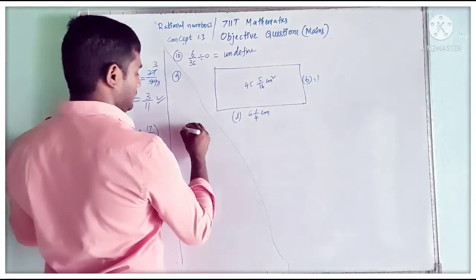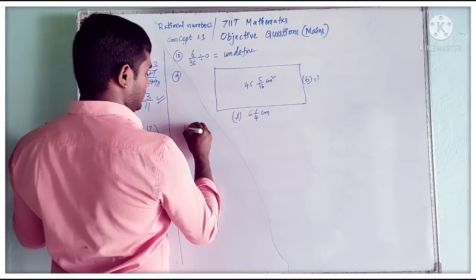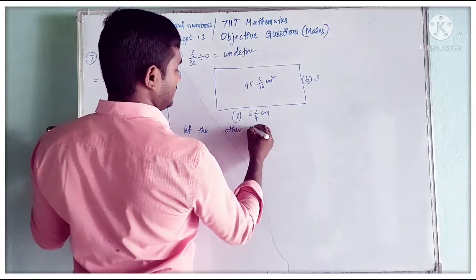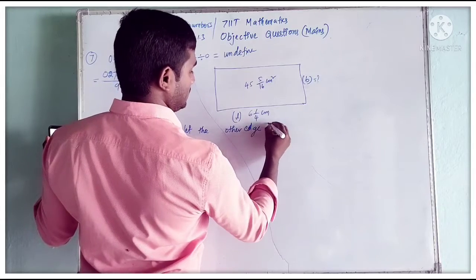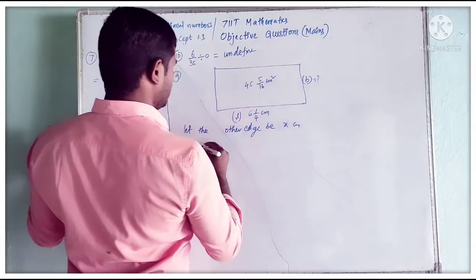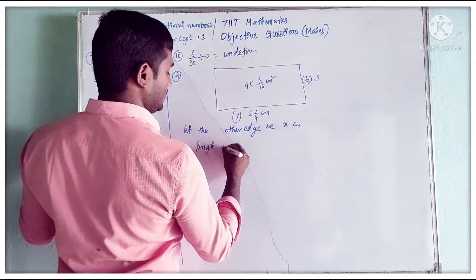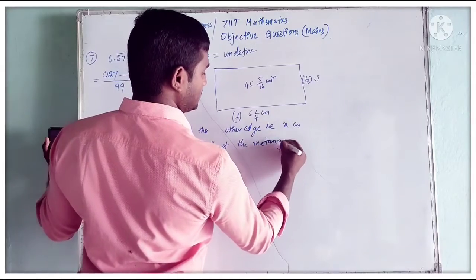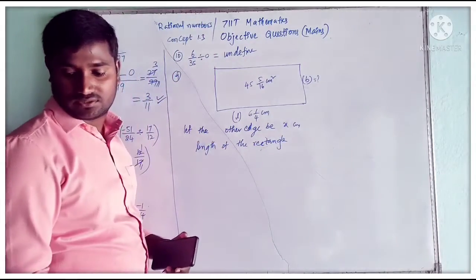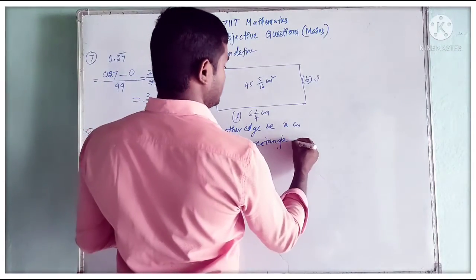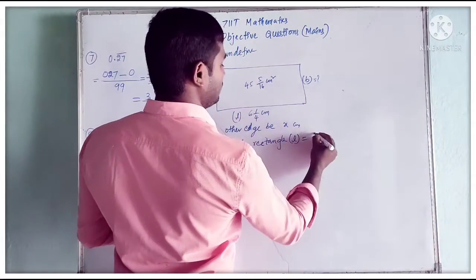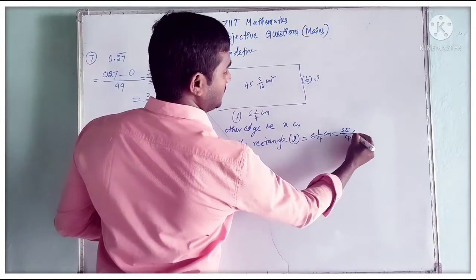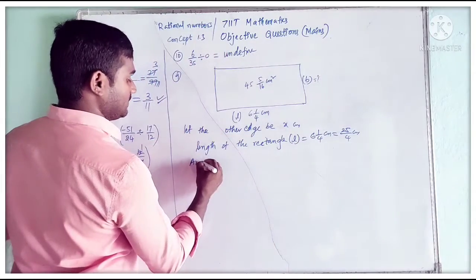So let the other edge be x centimeter. The length of the rectangle, L, that is 6 1 by 4 centimeter, is nothing but 25 by 4 centimeter.